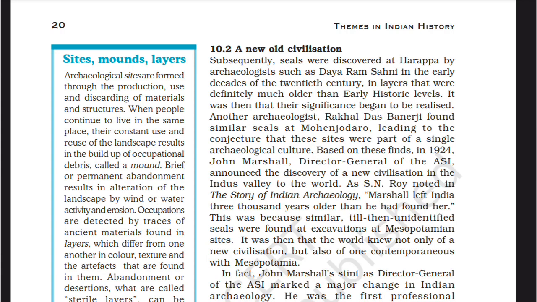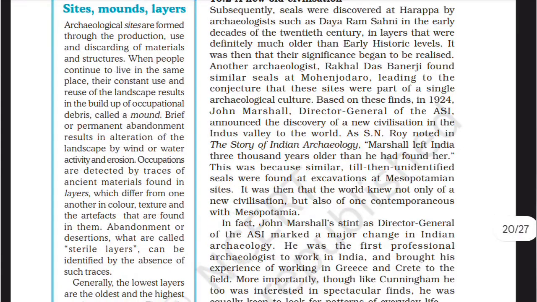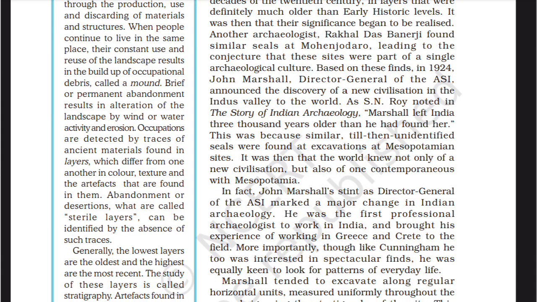Then John Marshall, who was the Director General of ASI, said in 1925 that he had found a new Indian civilization, known as the Indus Valley Civilization, and he did very good research on it. Another person mentioned was S.N. Roy, who wrote the book The Story of Indian Archaeology.